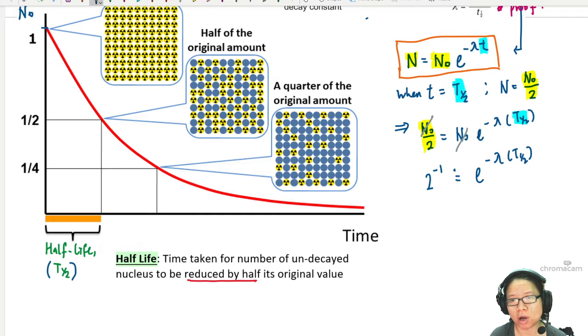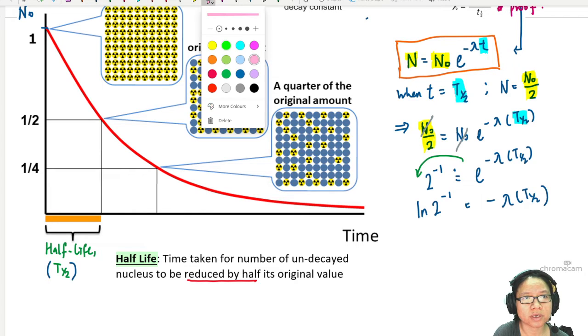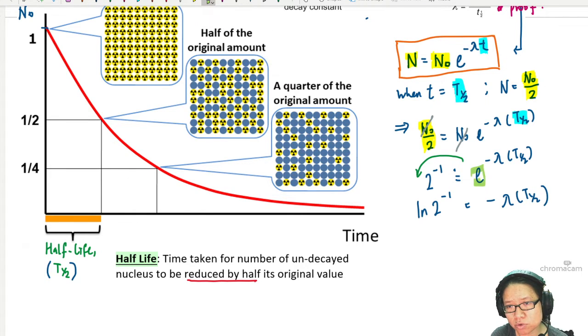Okay, so I could bring the exponent over. When this one jumps over the fence, it enters the ln. So this will be ln of 2 to the power of negative 1, and this will be equal to negative lambda T half. So this exponent, with green for ln, has shifted over here and became this ln.